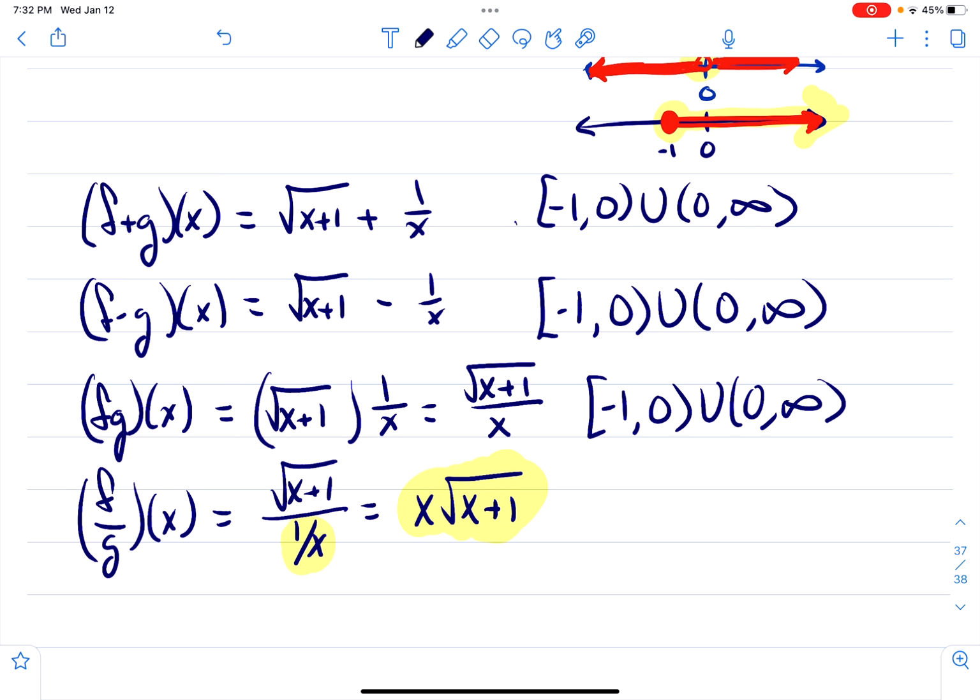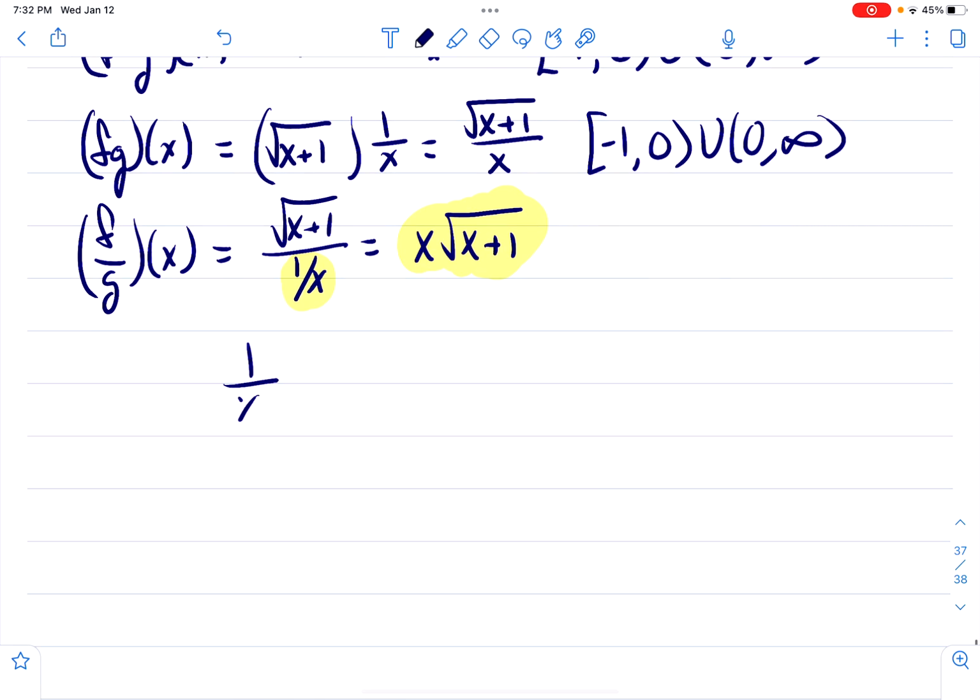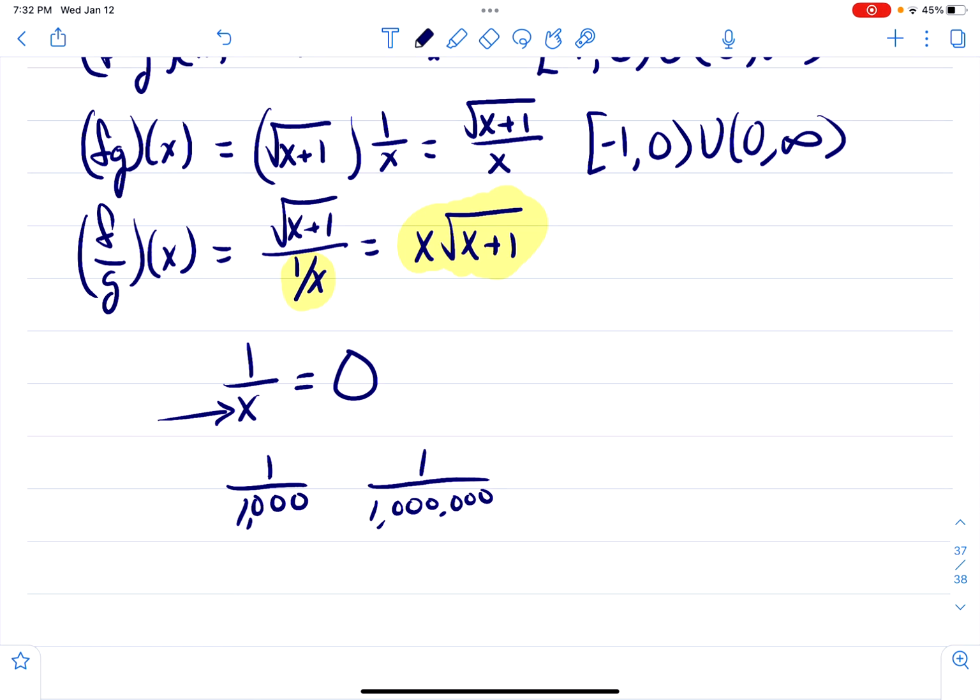Now, the other weird thing about this one is, what x value do I plug in so that this is equal to 0? And the answer is, it's impossible. It doesn't matter what number I plug in here, I'll never get 0. 1 over 1,000 is pretty small, but it's not 0. 1 over 1 million, again, is really small, still not 0.